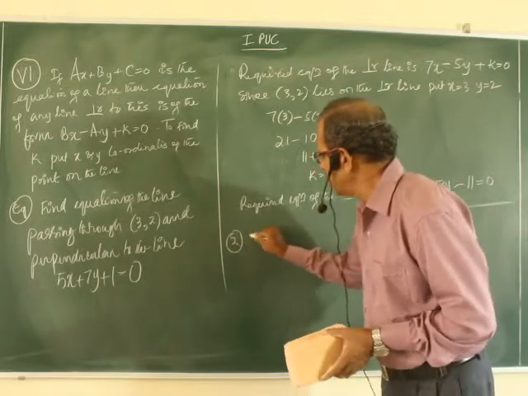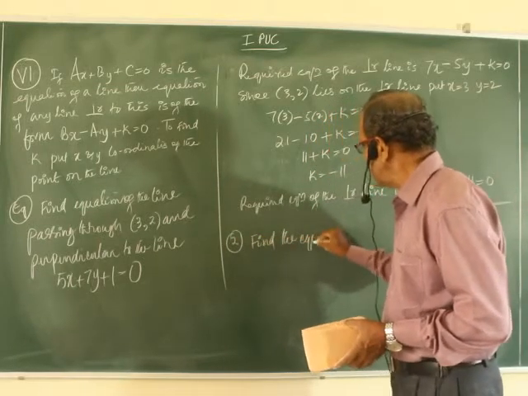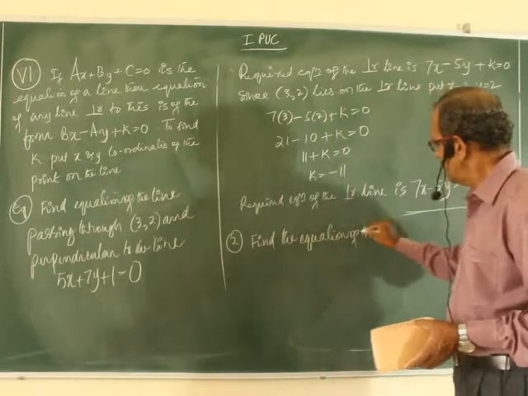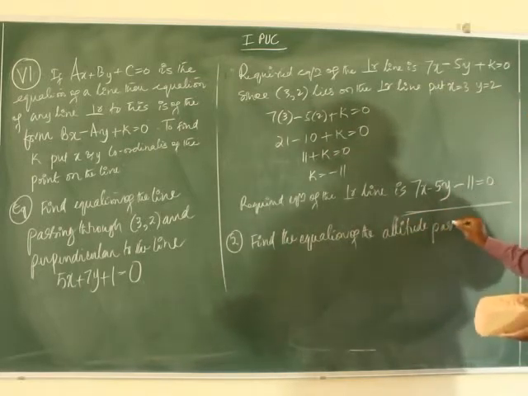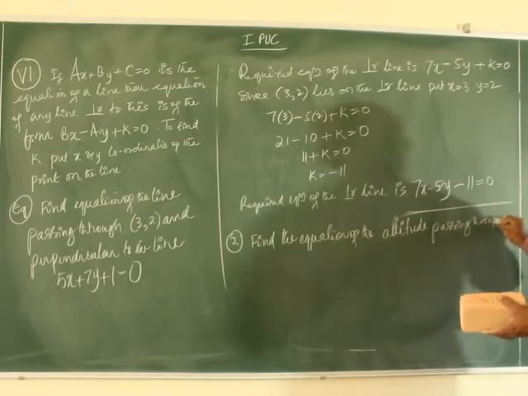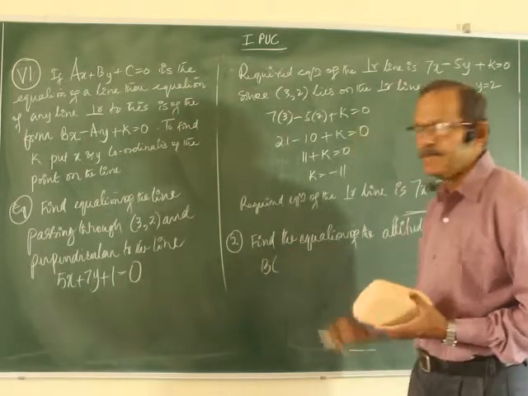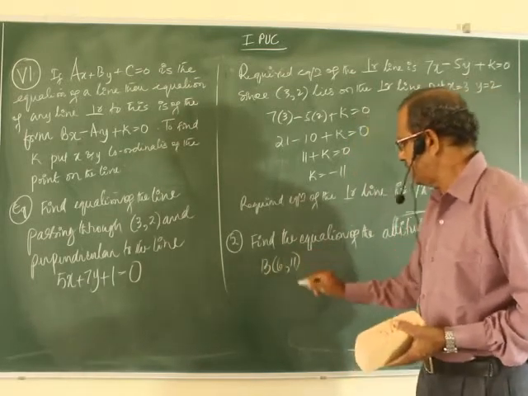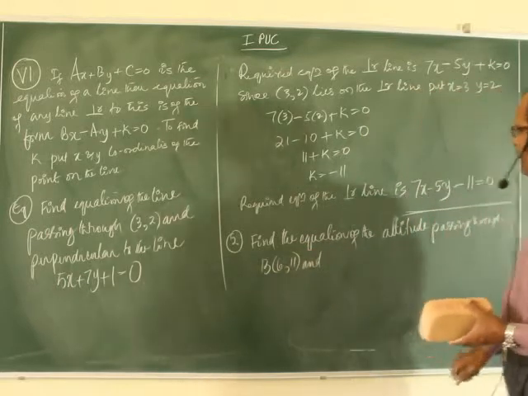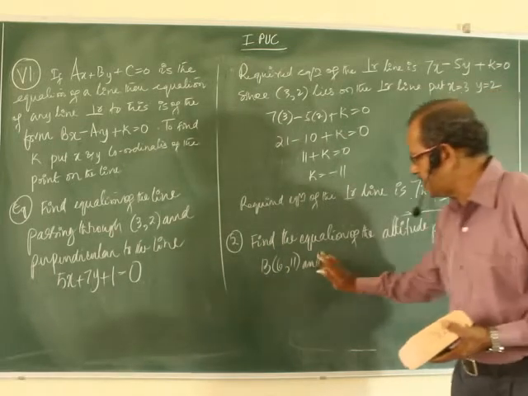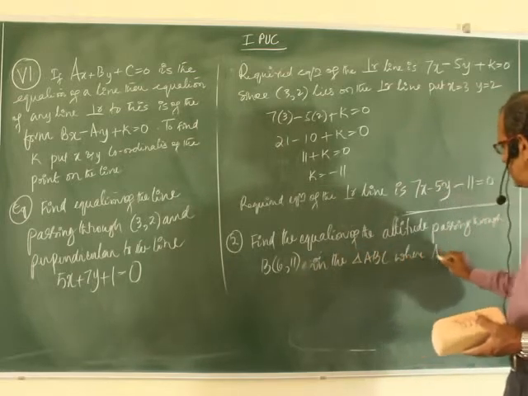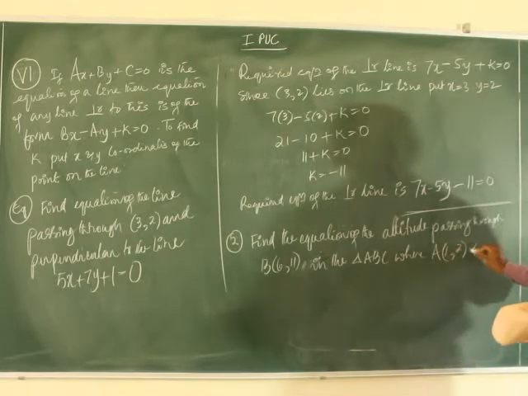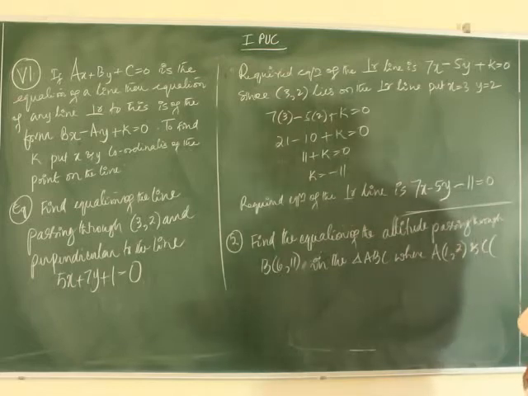Right? One more. Find the equation of the altitude passing through B 6, 11 in the triangle ABC, where A is 1, 2 and C is 10, 3.